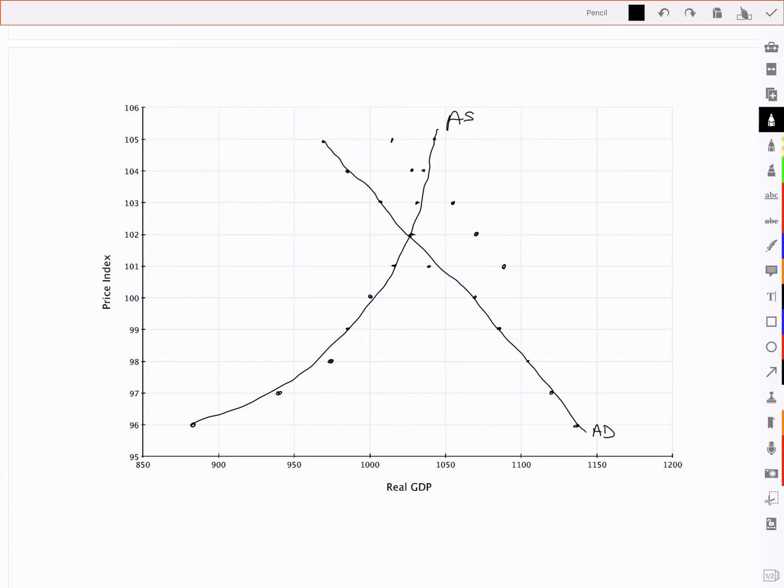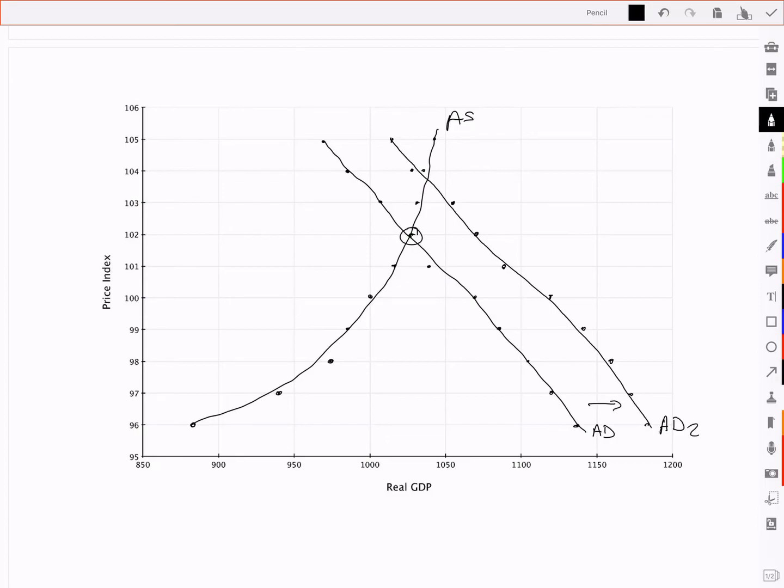Oops, that's probably a little too far over here. Okay, so to be precise, we could shift every number over by 50. Do that, and we approximately get what we have here. So aggregate demand has increased, or shifted to the right.